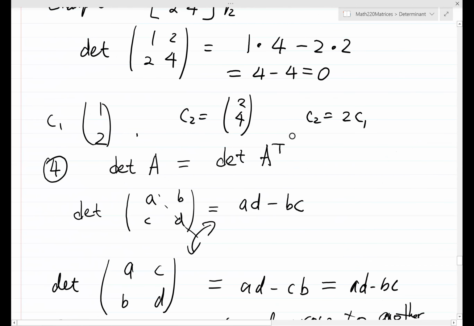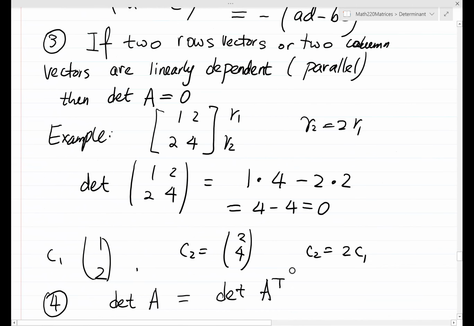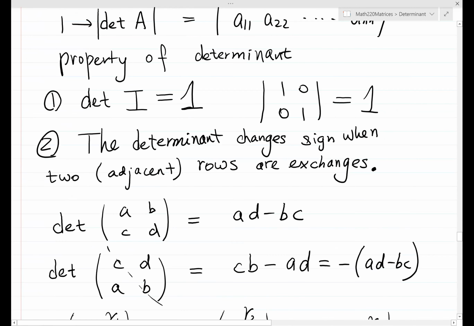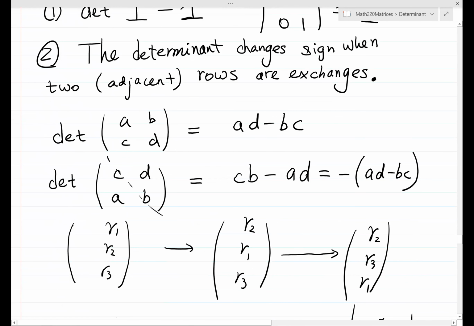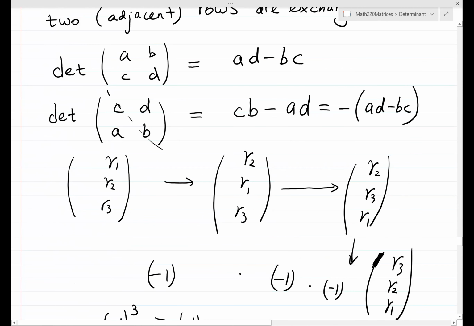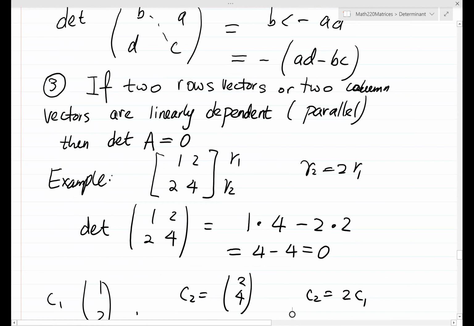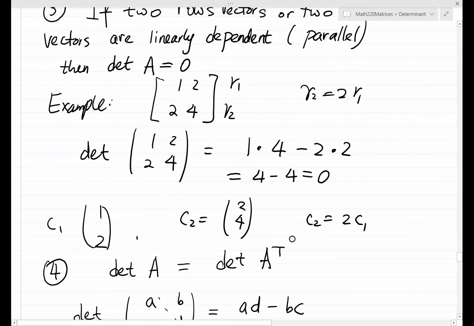And certain properties of the determinant, remember? We have 10 properties. The determinant of the identity is 1. If we exchange two rows, then the determinant differs by a factor of negative 1. If two rows are linearly dependent, then the determinant is automatically 0.